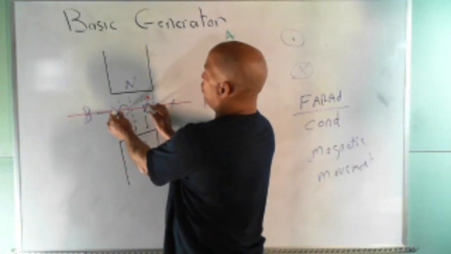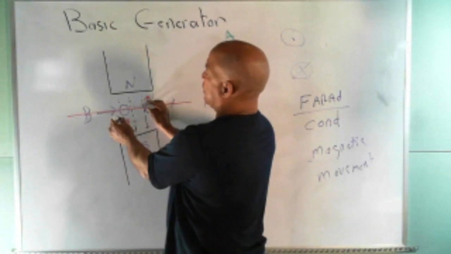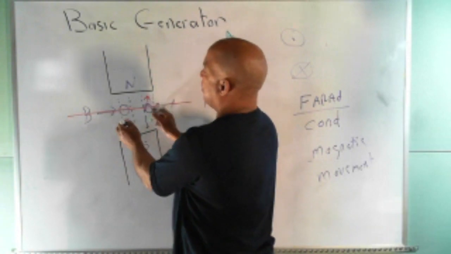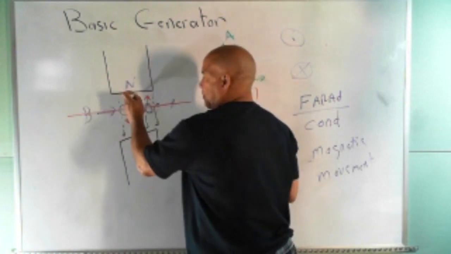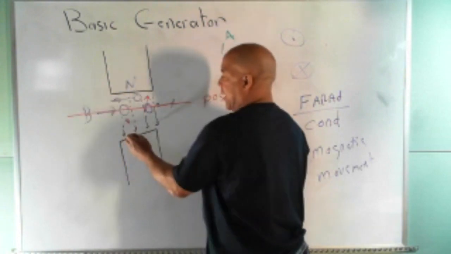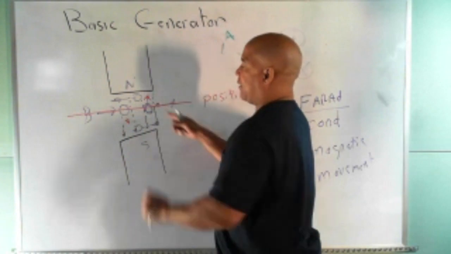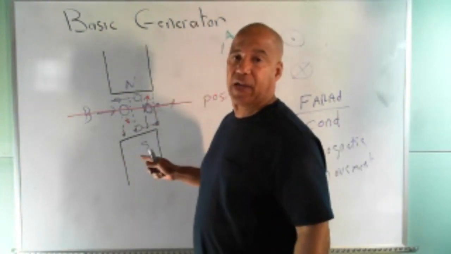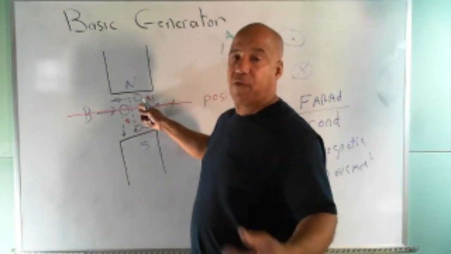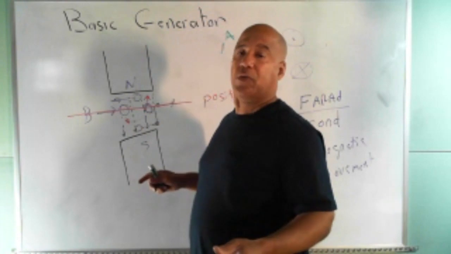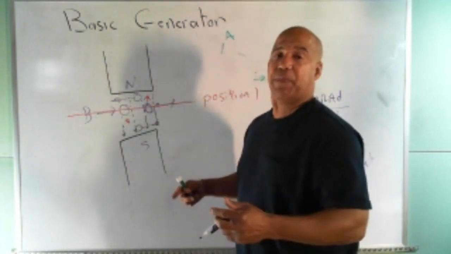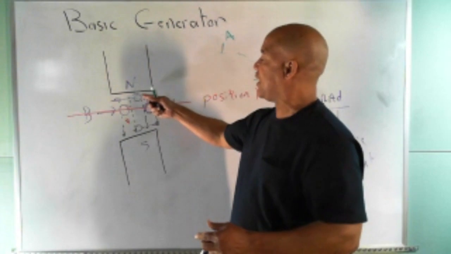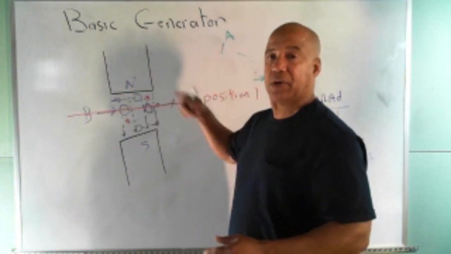And the more I move towards 90 degrees, the force gets greater and greater until conductor A is moving that way and conductor B is moving that way, and you're cutting the maximum amount of flux. So I get the maximum force, which gives me the maximum voltage. When they change places, the process repeats, but the current direction in each conductor changes.